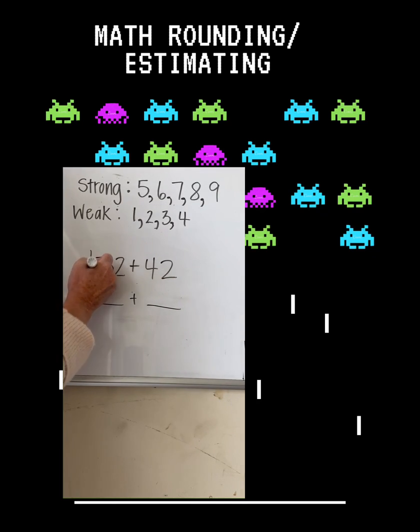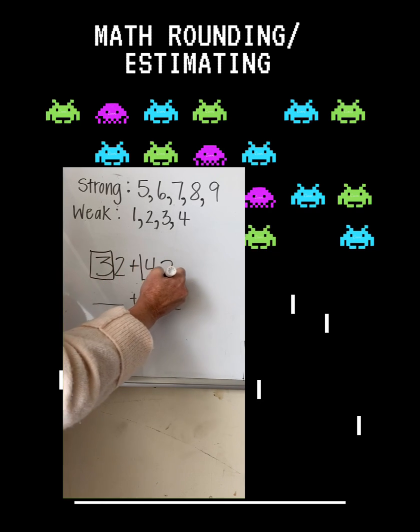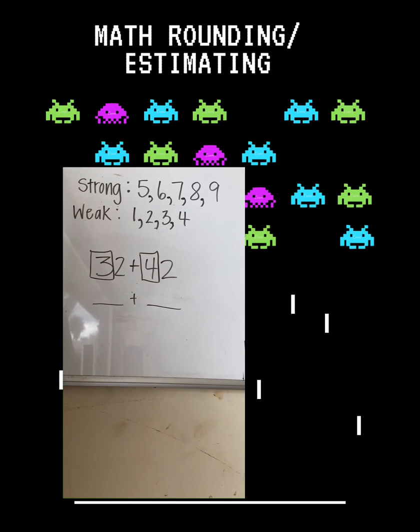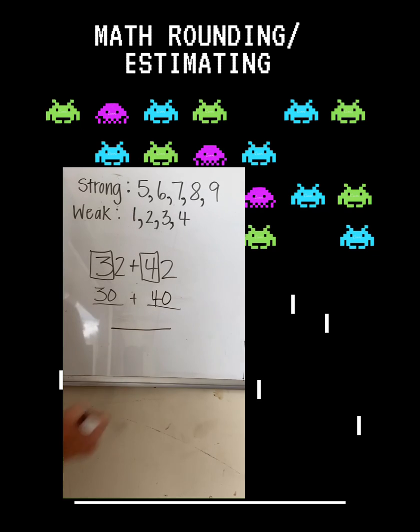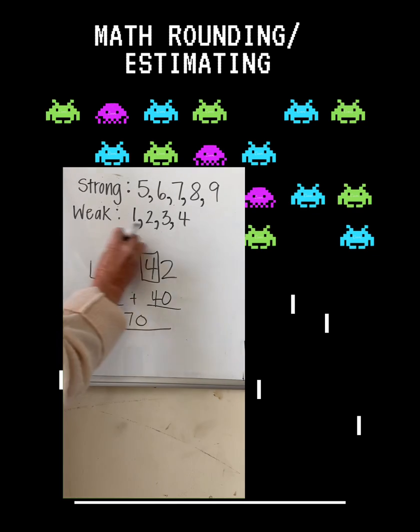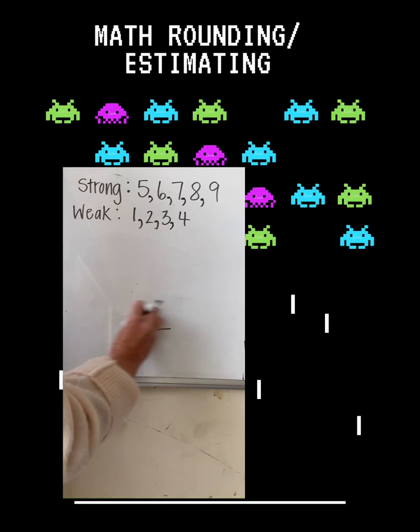Let's take a look at the target number, because we're rounding to tens. 2 is a weak number, so the 3 is not going to score. 2 is a weak number, so the 4 will not score. On the bottom, you do your simple addition, 30 plus 40, which we know is 70. You got it.